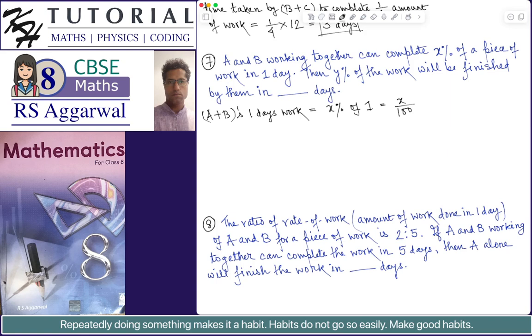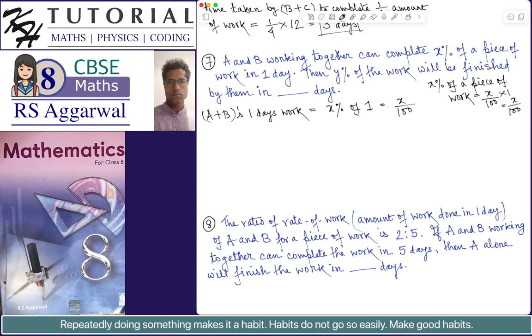So X percent of a piece of work is equal to X by 100 into 1, which is equal to X by 100.